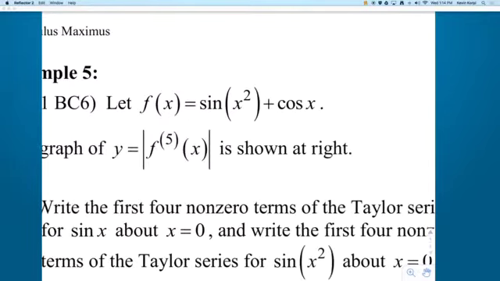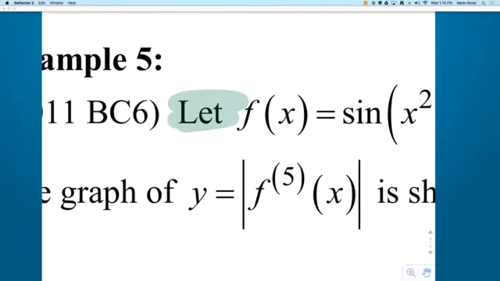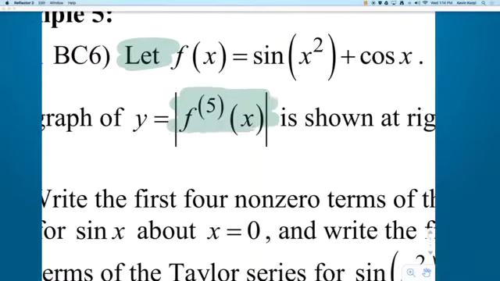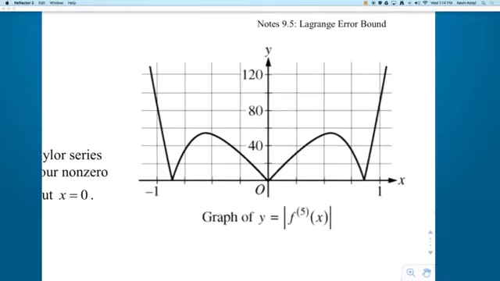It said, let f of x equal sine of x squared plus cosine of x. And you wait a little brief amount of time for anyone to object. And no one objects. Good, because you read the instructions. The graph of the absolute value of the 5th derivative is shown at the right. It looked like maybe the 5th derivative kind of dipped below, but remember the absolute value reflects it up.